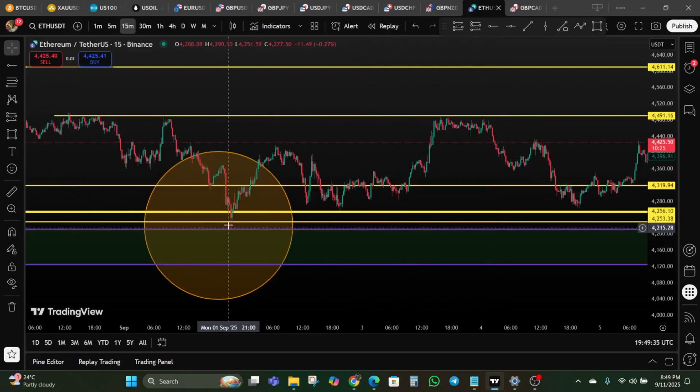All right. So right after this happens, we can now look for another break of structure or smart money related entry, right? Break of structure or change of character. And you can see we had a change of character around here. You can see lower highs and lower lows, change of character around here.